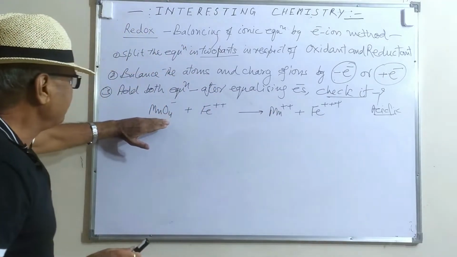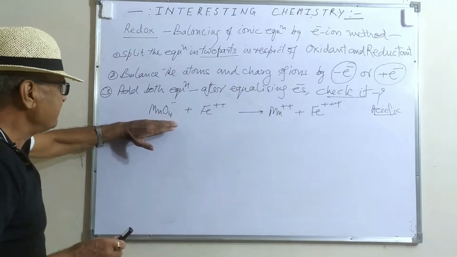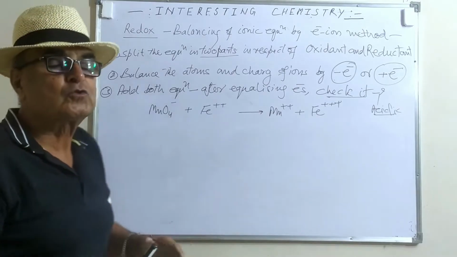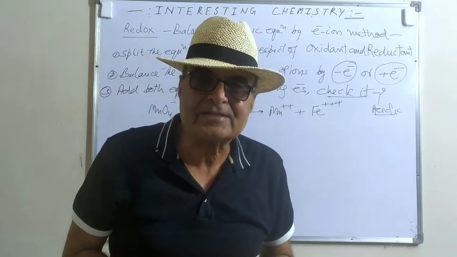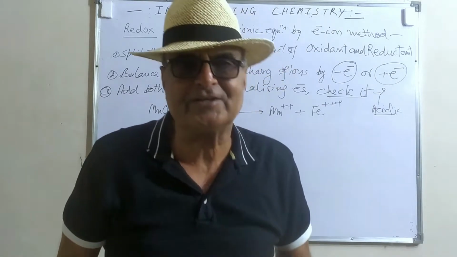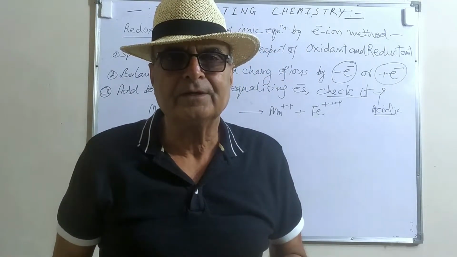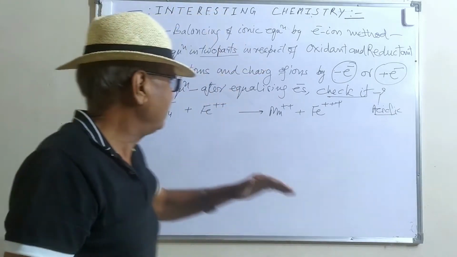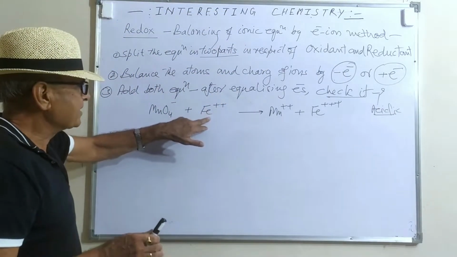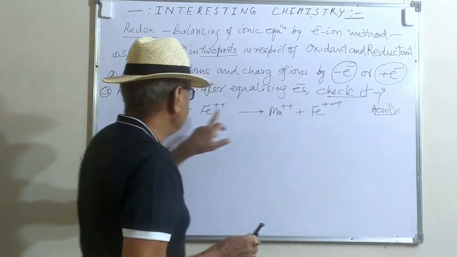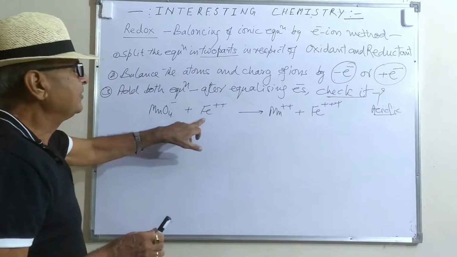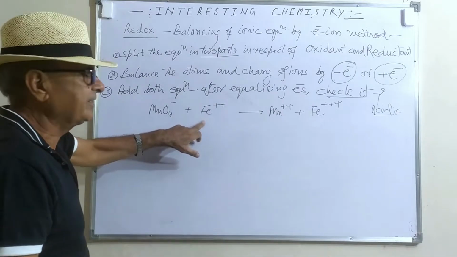This is MnO4 negative. So the MnO4 ion acts as an oxidant. With the help of MnO4, this ferrous gets oxidized into ferric. So Fe2+ is the reductant.